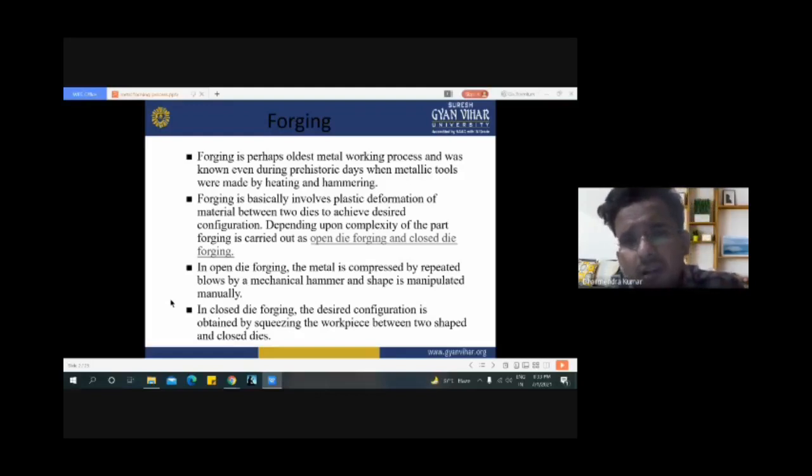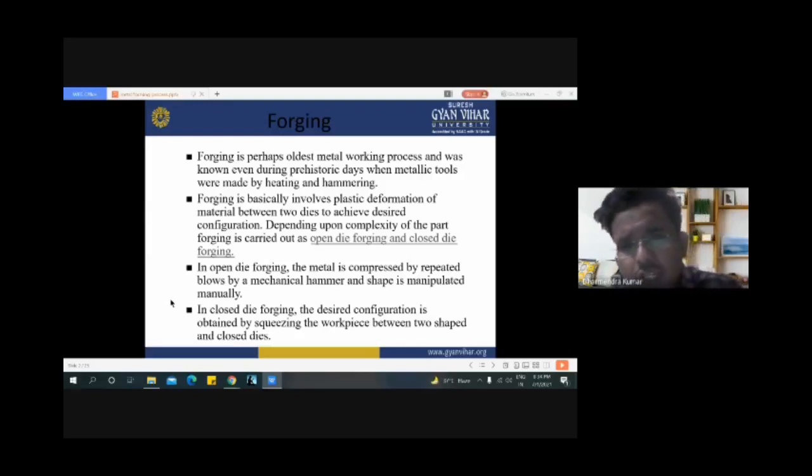Forging basically involves plastic deformation of material between two dies to achieve the desired configuration. Depending upon the complexity of the part, forging is carried out as open die forging or closed die forging. Which one is used depends on how complex a part we have to make.